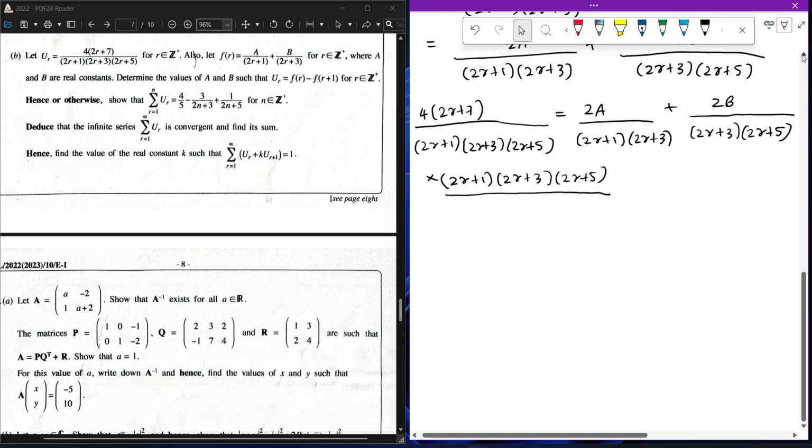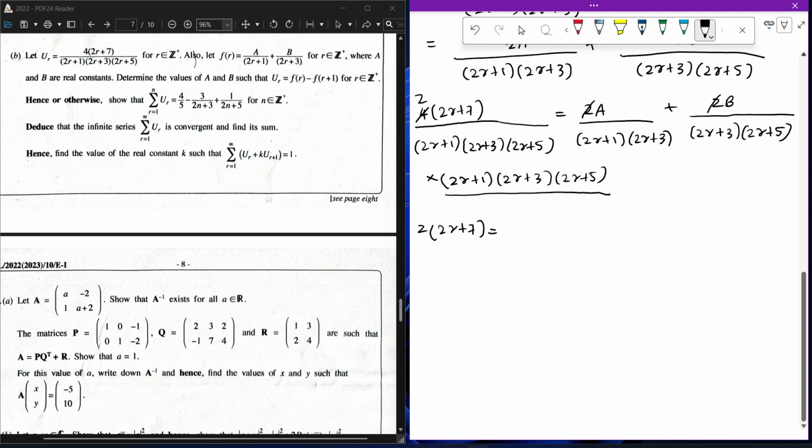So now you can see that this 2 to 4 will cancel off, and what you are remaining with is just 2, and 8, 2r plus 7.